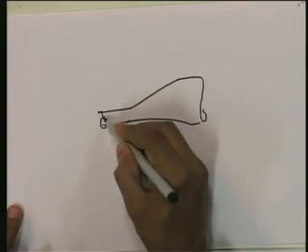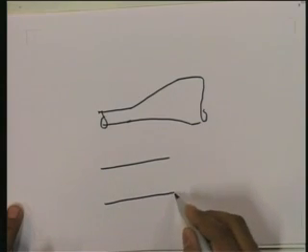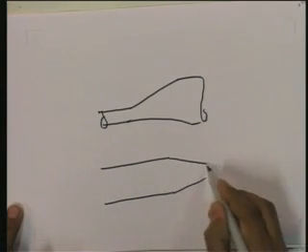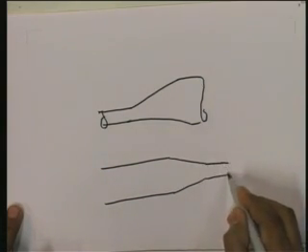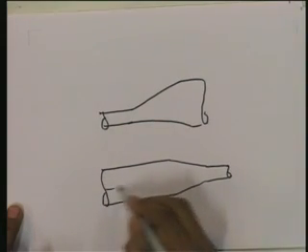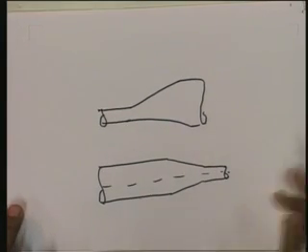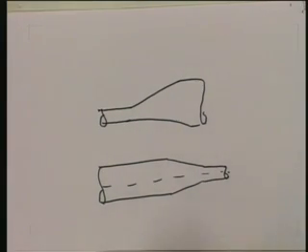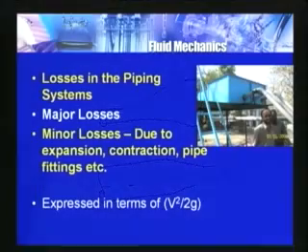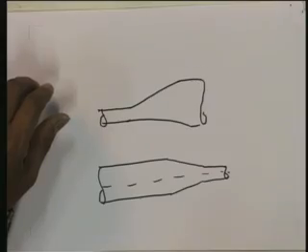Similarly, we can have contraction also. Corresponding to contraction we have also already seen an expression earlier. With respect to the contraction of the pipeline, with respect to this angle of contraction, we can find out this loss coefficient Ke, and then we can find out the loss for various angles.